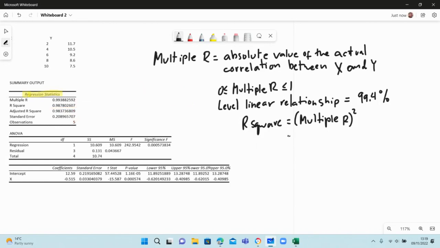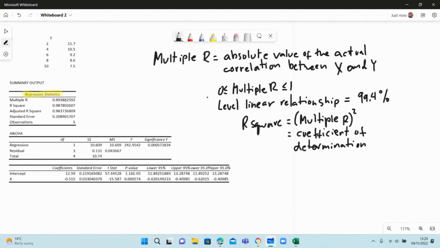Now, that said, the r squared value actually has another name, and it is called the coefficient of determination. The coefficient of determination actually gives us an indication of the level of explanation given by the independent variable x on the level of variation that is happening in the values of the dependent variable y.